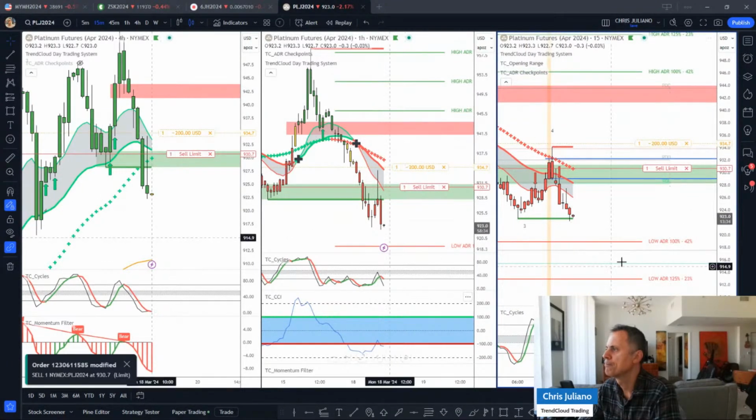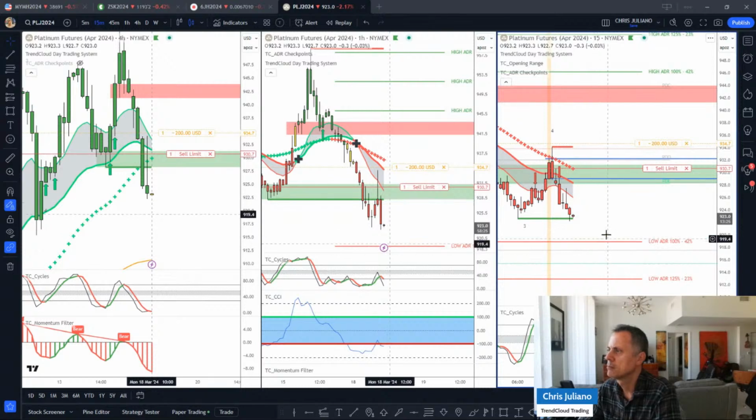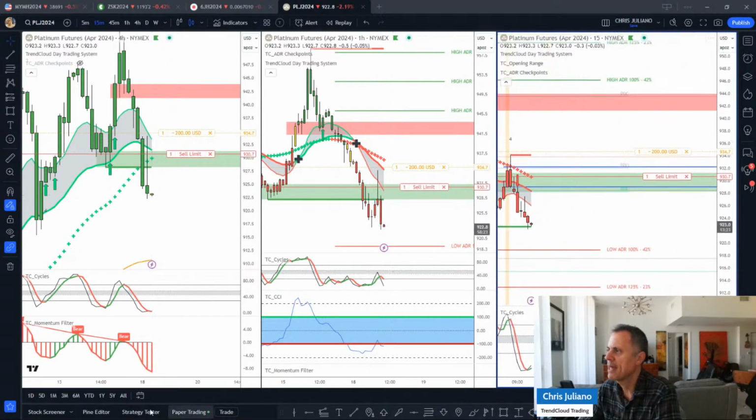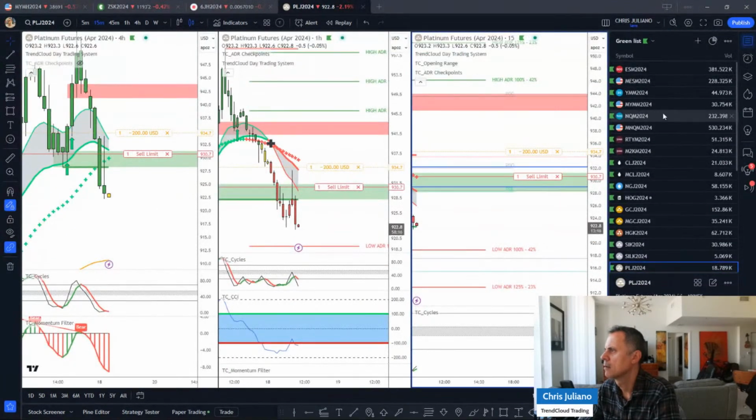There you go. Pulls back, retests the 15-minute 50 simple for a move down. I like that. Let's check out NASDAQ. Micro NASDAQ.